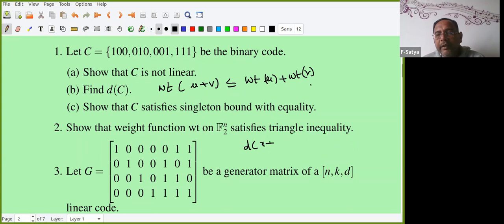Is the distance of x plus z comma y plus z equal to the distance of x comma y? Is it correct?